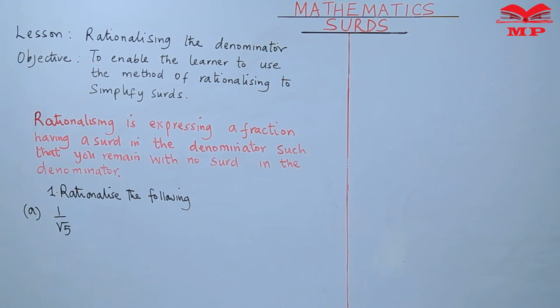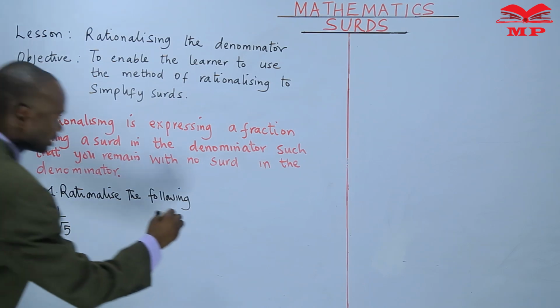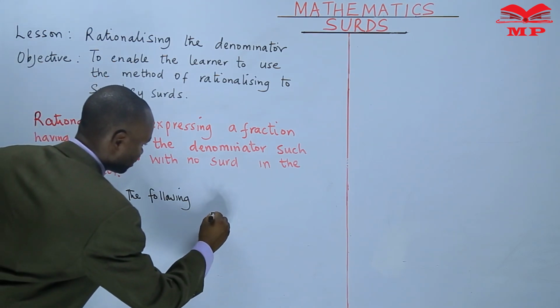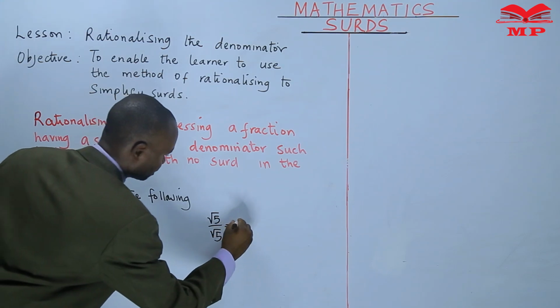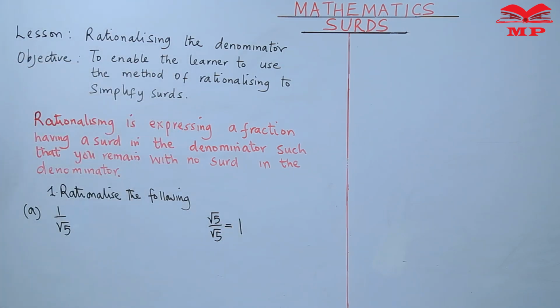One over the square root of 5. To rationalize this, I'll look for a number equivalent to 1. So we'll say square root of 5 over square root of 5 is equivalent to 1.